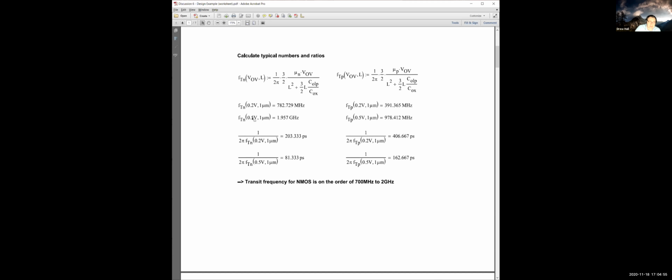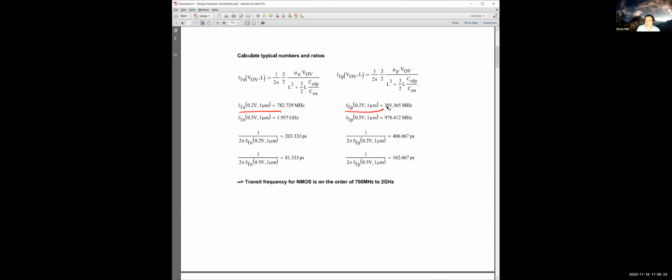If I increase that overdrive voltage with the same channel length to 0.5 volt, I get a lot more FT. Same thing for a PMOS, 200 millivolts of overdrive at a 1 micron channel length, 390 megahertz. So again, one of the most obvious things that we see here is that there is definitely a discrepancy in terms of FT between a PMOS and an NMOS.